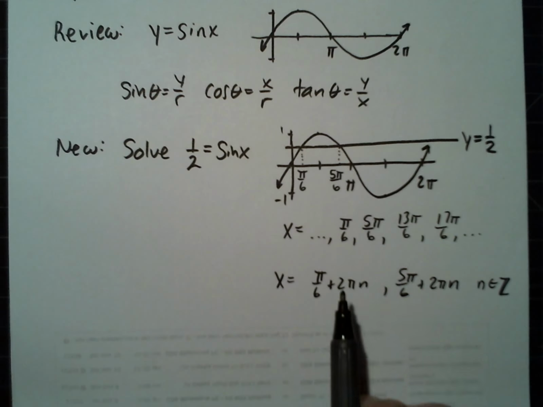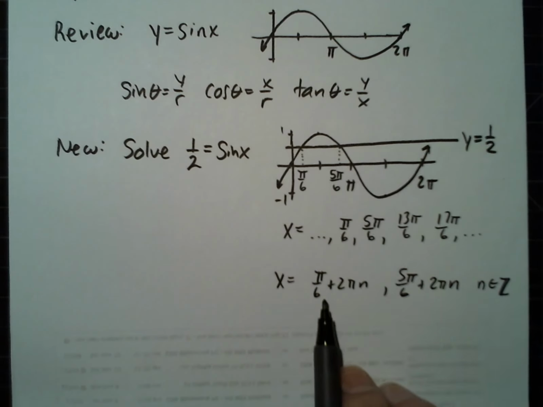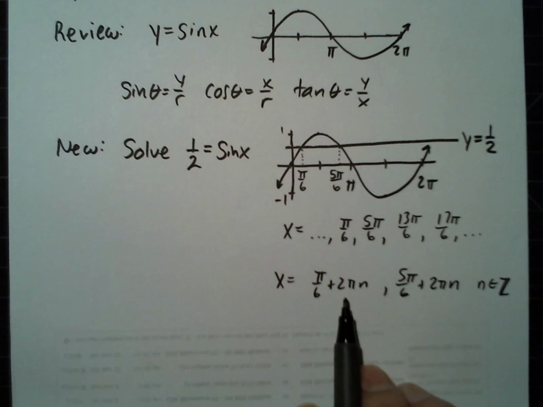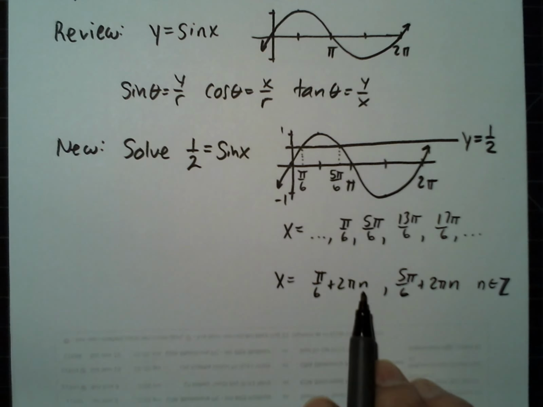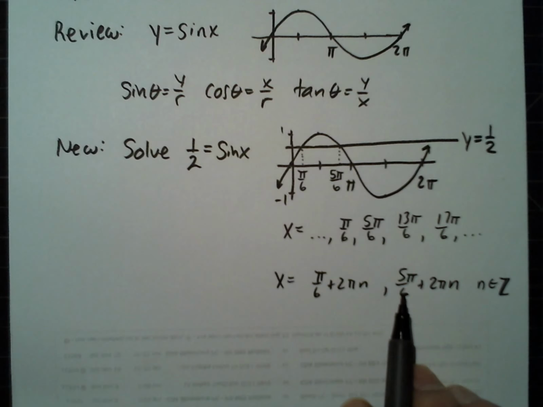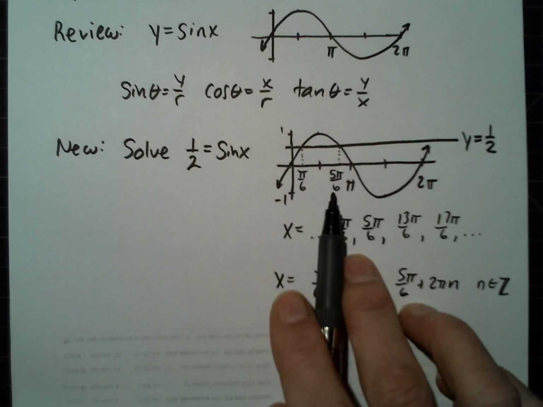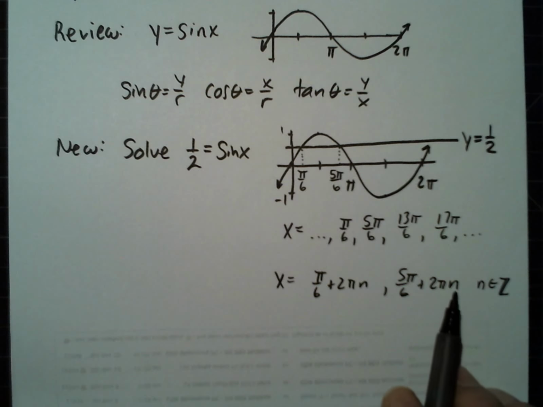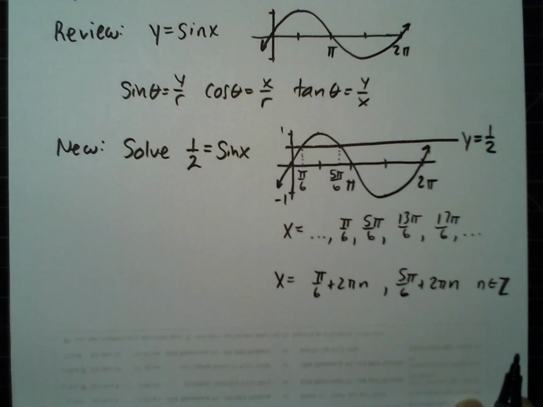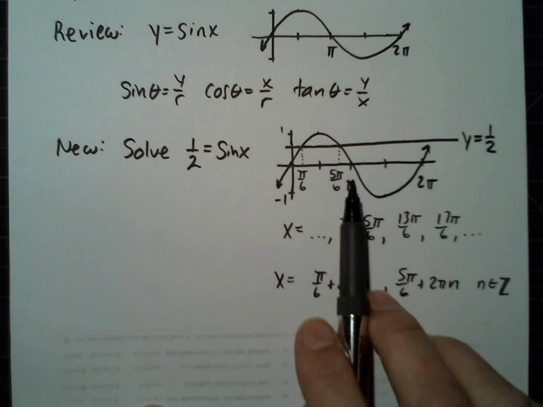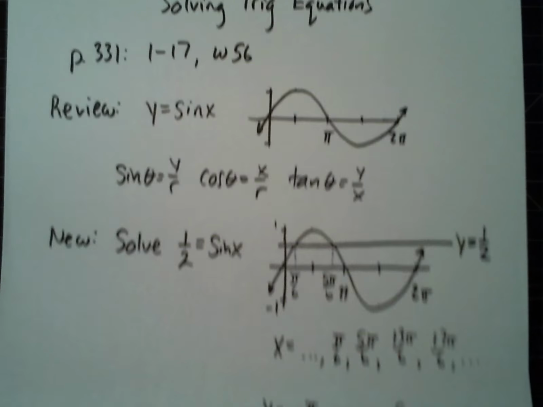We can write the solution like this, or we can also do this: pi over 6 plus 1 revolution n times, and here's the other solution, plus 2 pi n, where n is an integer, and that's another way to write out all the solutions. When we do the work, we're not going to write it like this. We're just going to use a graph of the angle to find the solutions.